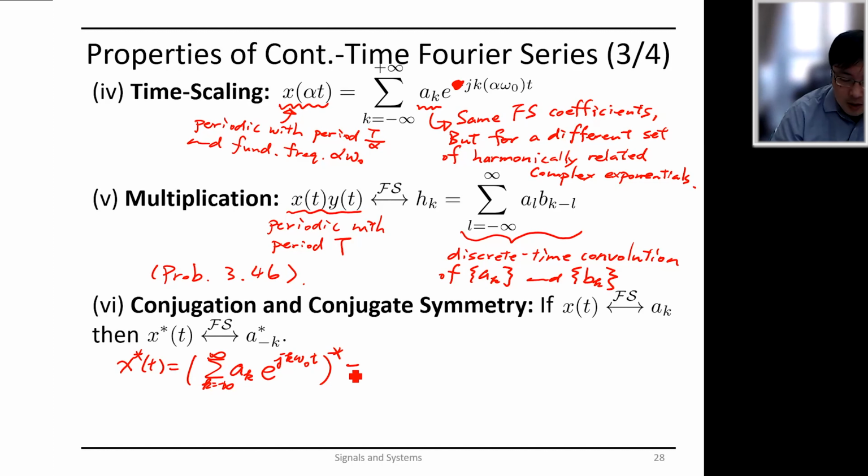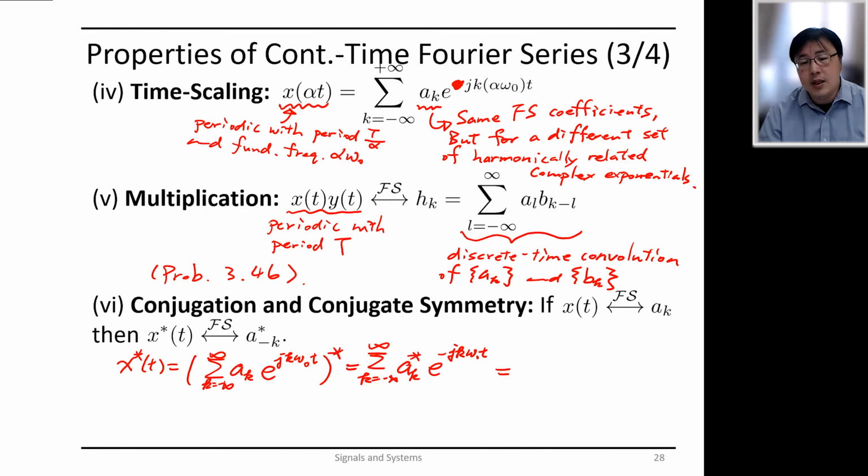When you bring this inside, you have summation k from minus infinity to infinity ak complex conjugate e to the minus j k omega naught t.